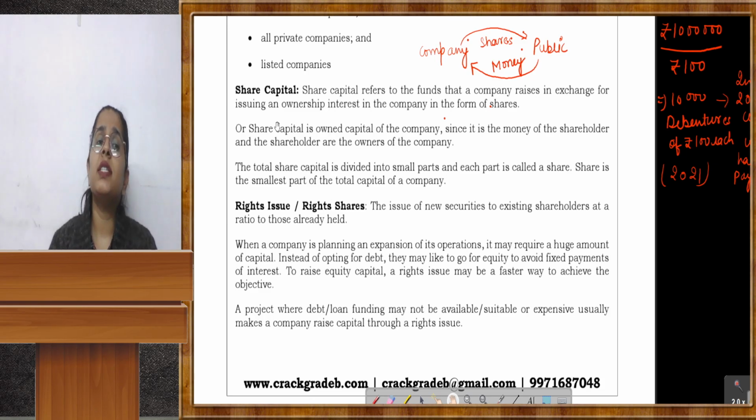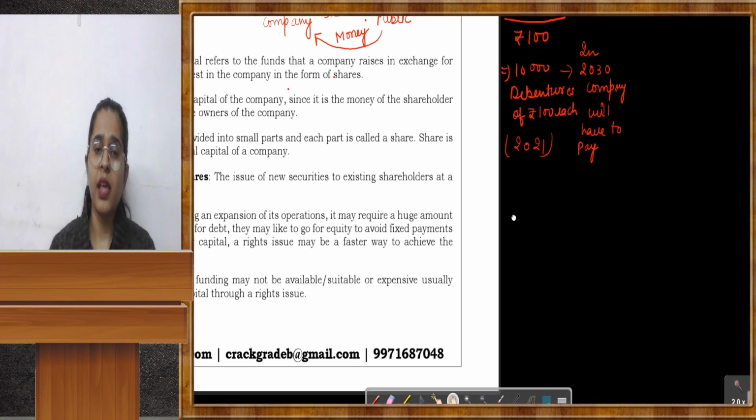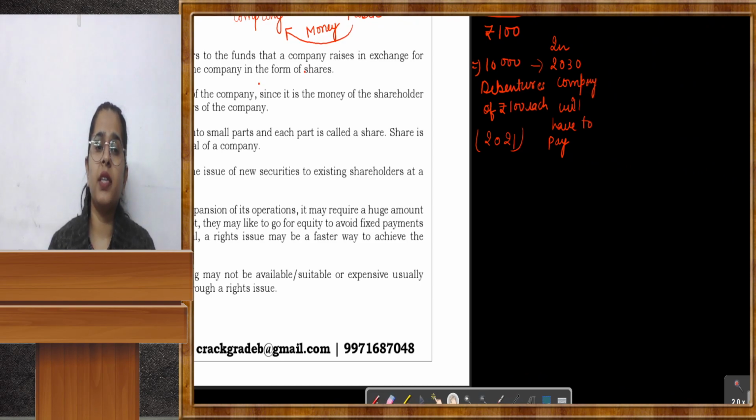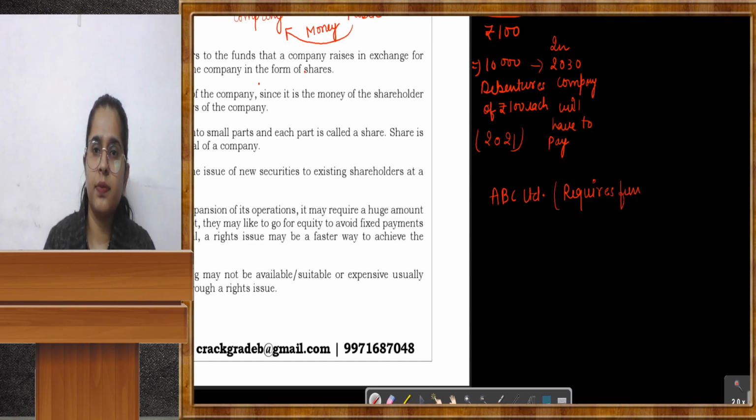Next, after understanding share capital, let's move to the rights issue or right shares. See, whenever a company requires funds, let's say here is a company ABC Limited and it requires funds.